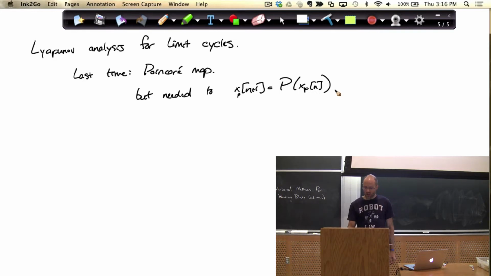So I want to do a generalization of this idea today. That's going to help our Lyapunov analysis. All right, the generalization is basically the idea of a moving Poincare section.